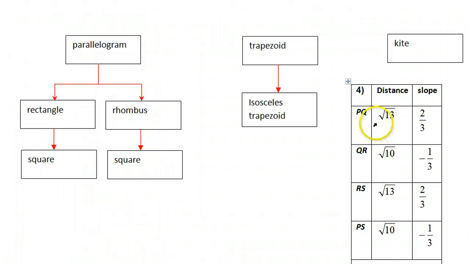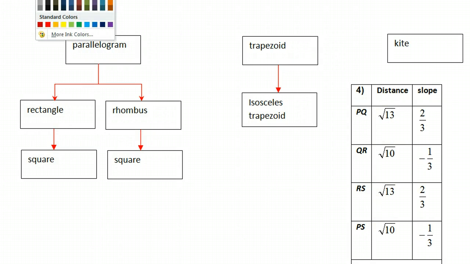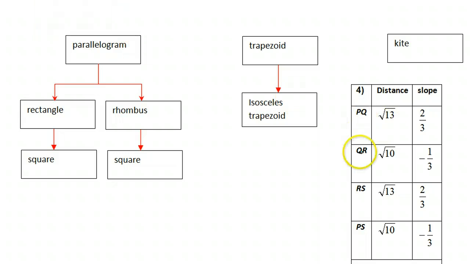Okay, so looking at these, look at the distances, the lengths. Are opposite sides congruent? Well, because the sides are listed in order, PQ, QR, RS, PS, we know that if we look at every other row, we are looking at opposite sides.